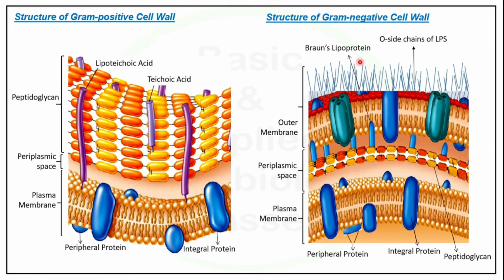These are Braun's lipoprotein. These are a special type of protein which are absent in the case of gram-positive bacteria. Similarly, LPS and the outer membrane are also absent in gram-positive bacteria. So parallelly, you can also look at some of the differences between the structure of gram-positive and gram-negative bacteria here. Now coming back to Braun's lipoprotein.